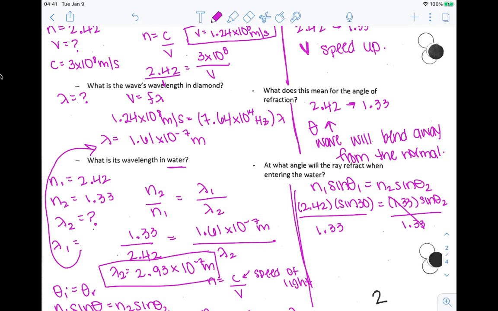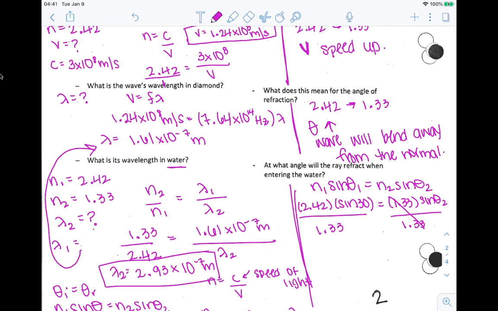When we go ahead and do that, we end up solving for 2.42 multiplied by the sine of 30. Make sure your calculator is in degrees. Divided by 1.33, we end up with 0.9097744361, this big long number.